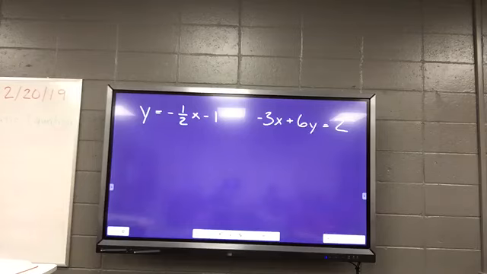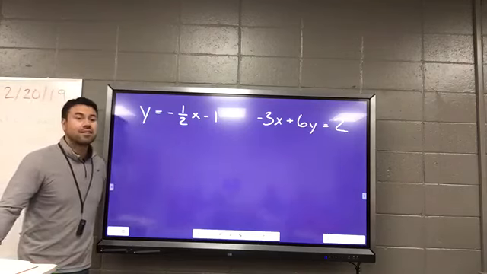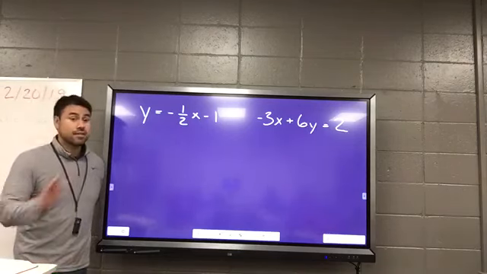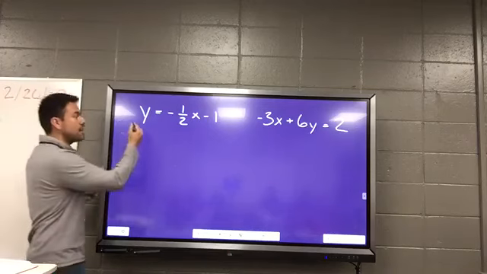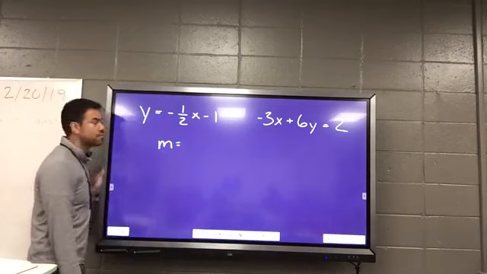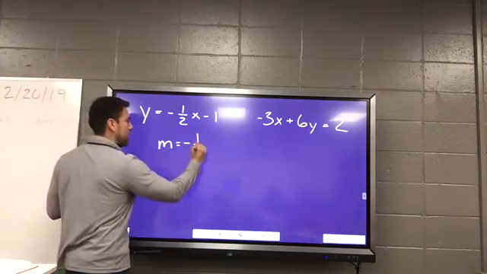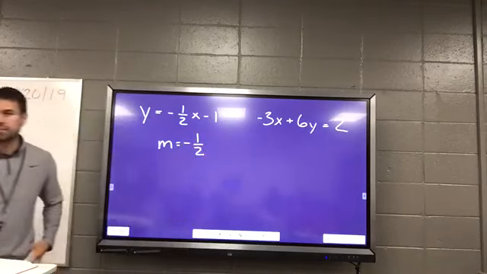Philip, the first equation, is it written in any form that we know of? Yep, slope-intercept form. So it's already in slope-intercept form. Sophie, what's the slope? Negative 1/2. That's my slope of the first line.